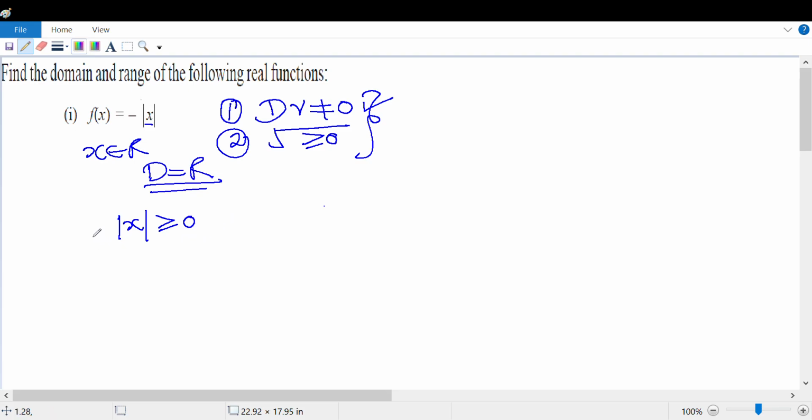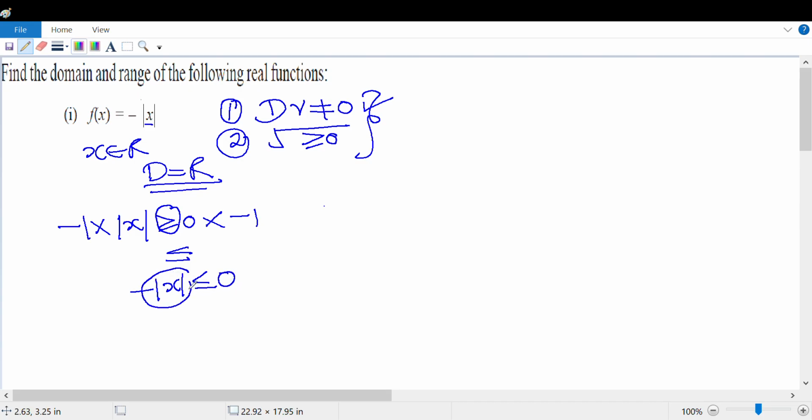And if you multiply both sides by minus 1, you know very well that if you multiply an inequality by a negative number, then the inequality will be reversed. So this will be minus mod x less than or equal to 0.